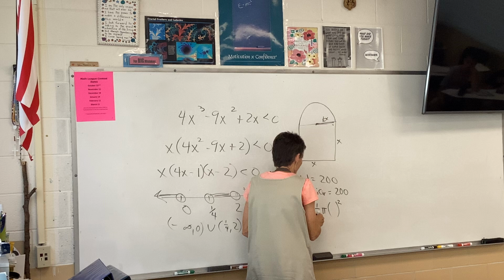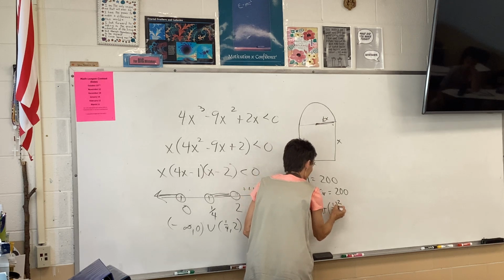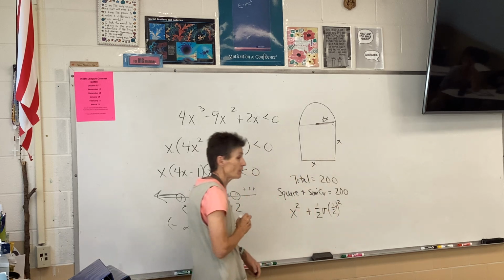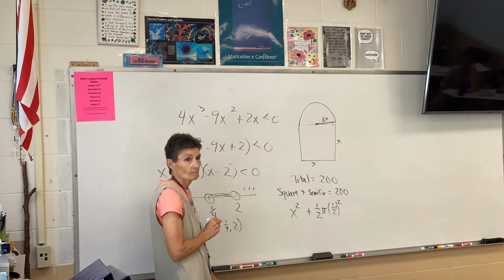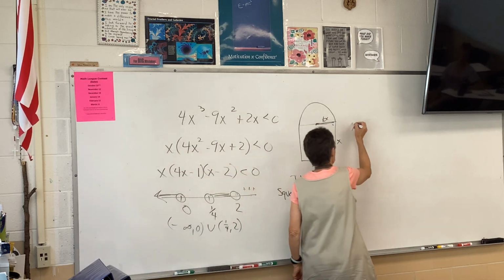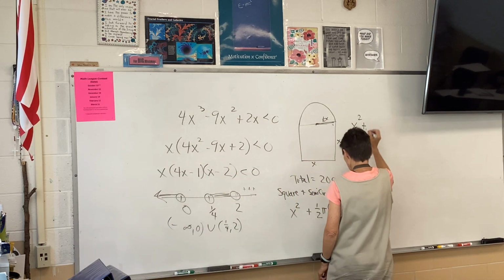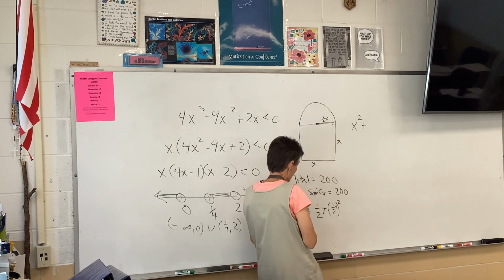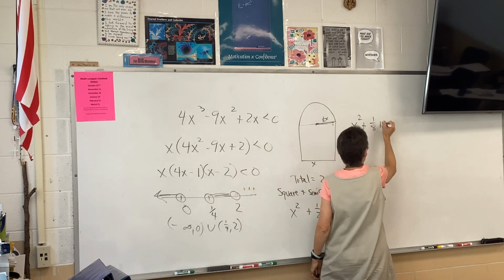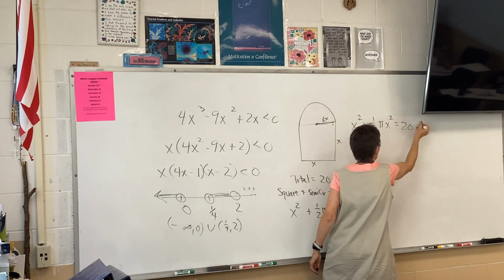So this is 1/2 pi, 1/2 x squared, right? So what is that? That's x squared plus, okay, 1/8 pi x squared.